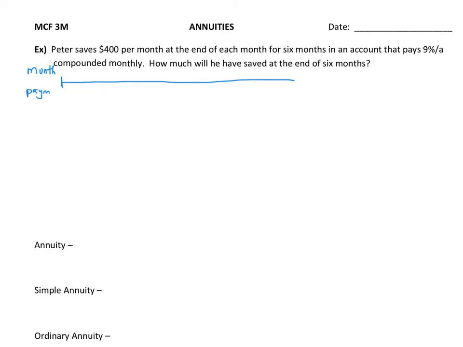So month 0, we haven't made any payments, but by the end of month 1 we are making a payment of $400, and at the end of month 2 we're paying another $400 into this account, and so on here for 6 months. So we've got 4 payments of 400, now 5 and 6. So 400 goes here and 400 goes here.